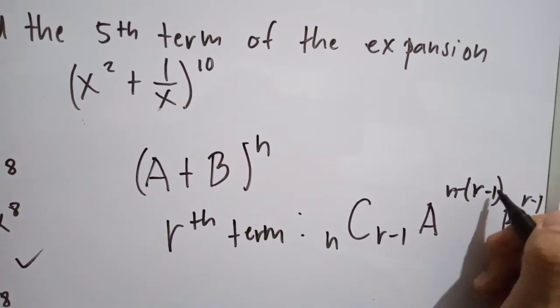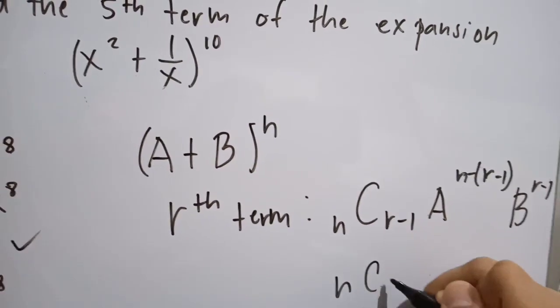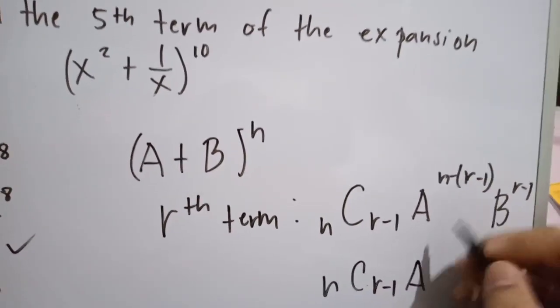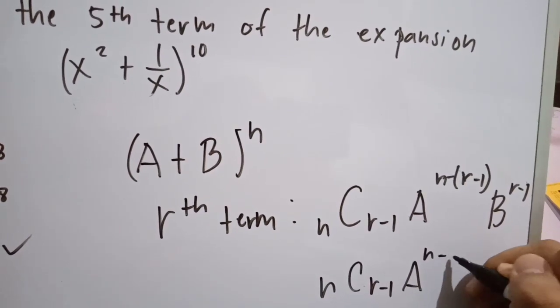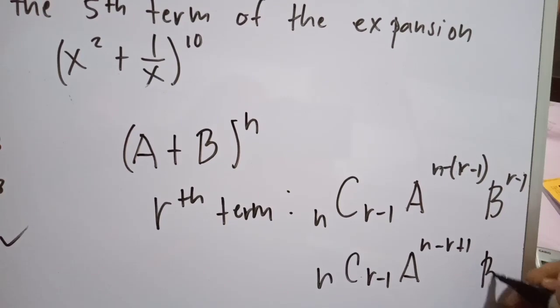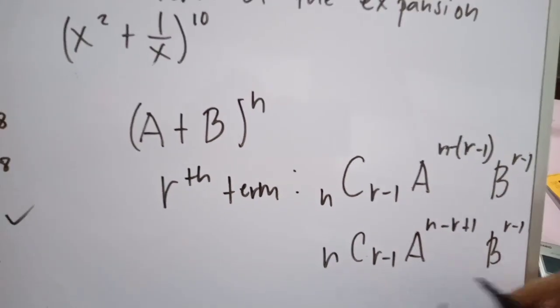So gawin nating positive yung 1 dun. Ito magiging combination of n taken r minus 1 at a time, a raised to n minus r plus 1 times b raised to r minus 1. So ito yung formula niya.